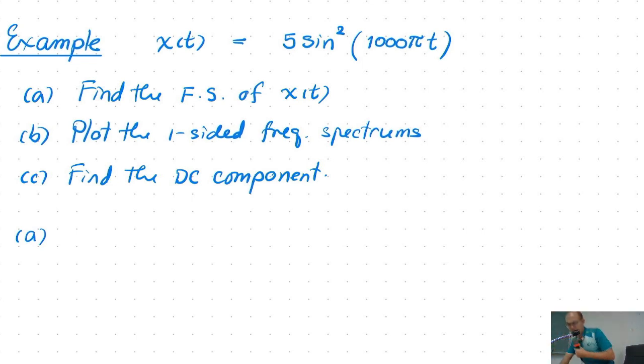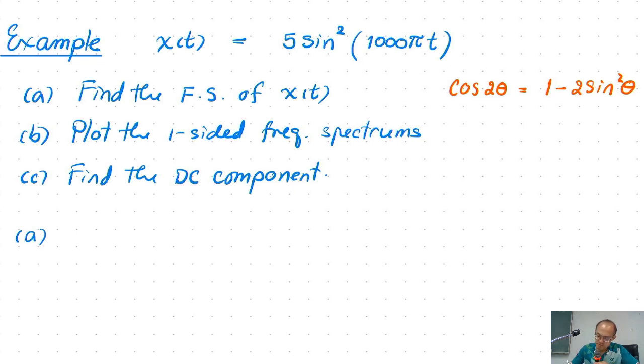We know that cosine of 2 theta is equal to 1 minus 2 sine square theta, right? You know this.